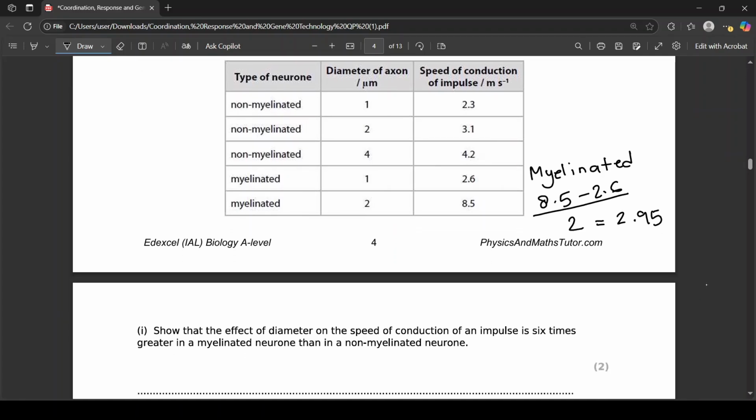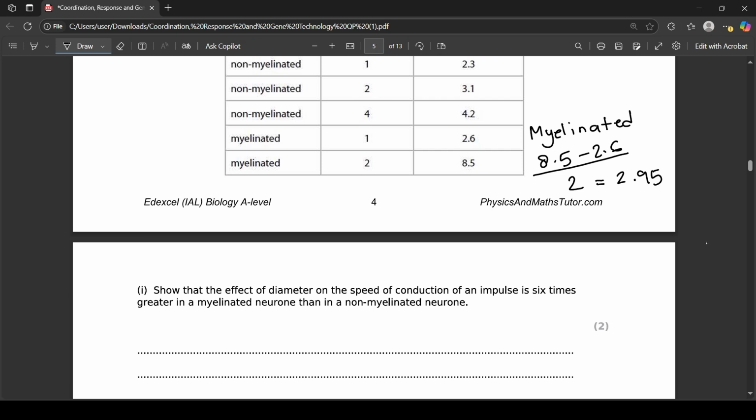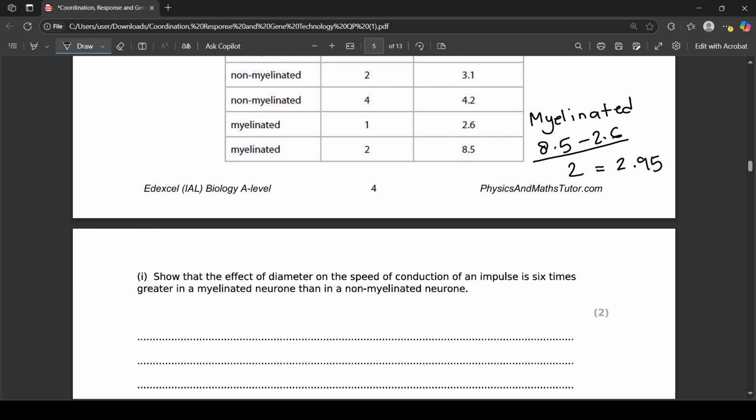Now we calculate it for the non-myelinated one. Sorry, my writing is all over the place. Sorry for the clutter, please forgive me, but I hope you can see the step I'm doing clearly because that's more important.